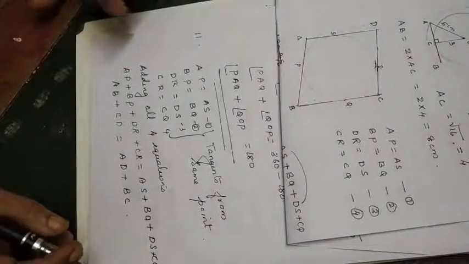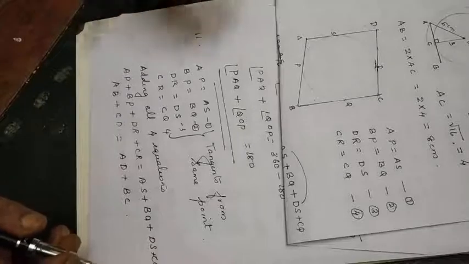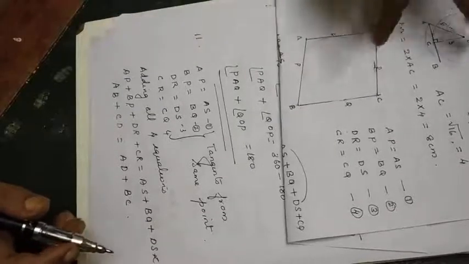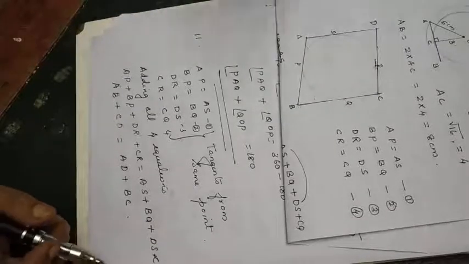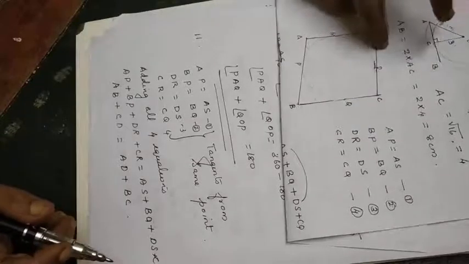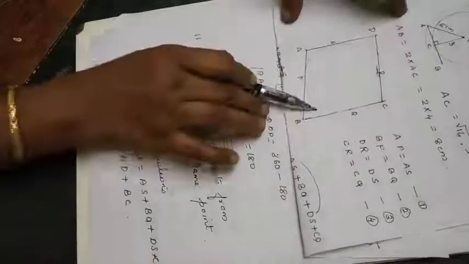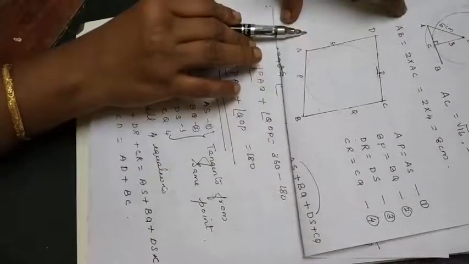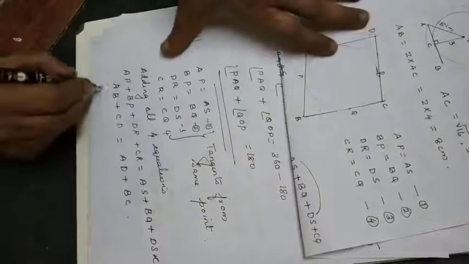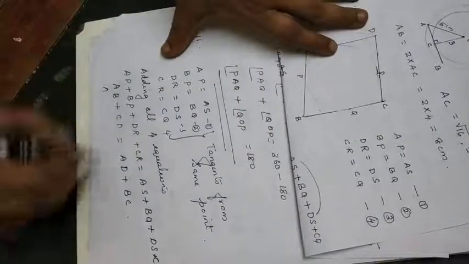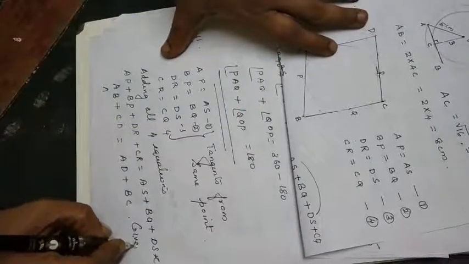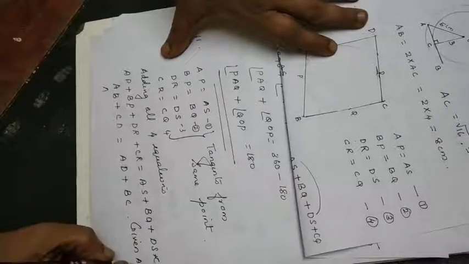Now it is given ABCD is a parallelogram. So ABCD is a parallelogram means AB will be equal to CD. No? AB equal to CD. Opposite sides are equal. No? Then BC will be equal to AD. Okay. So you can write, given ABCD is a parallelogram.